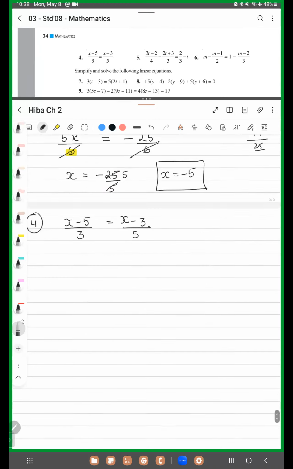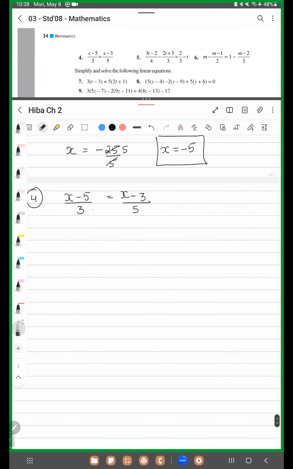Okay. Nothing complicated here. You just have to take 3 to the other side, take 5 to the other side. ठीक है? X minus 5 and x minus 3. Here you have 3 and here you have 5.